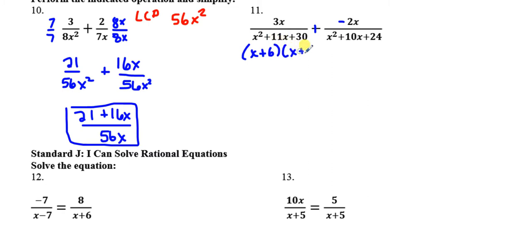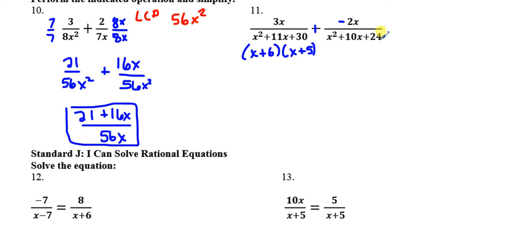Hopefully you're getting kind of used to that. And the two numbers have to add up to 11, multiply and give you 30. Two numbers that multiply and give you 24, so you get 24 and 1, 12 and 2, they don't add up to 10.